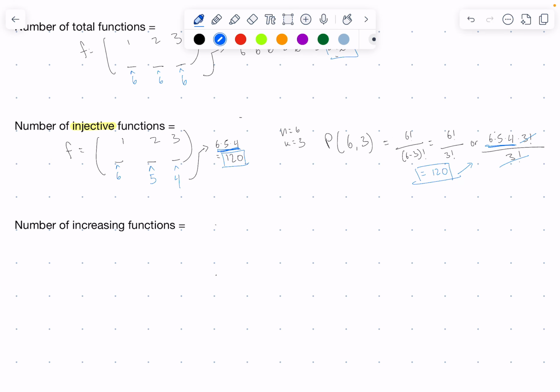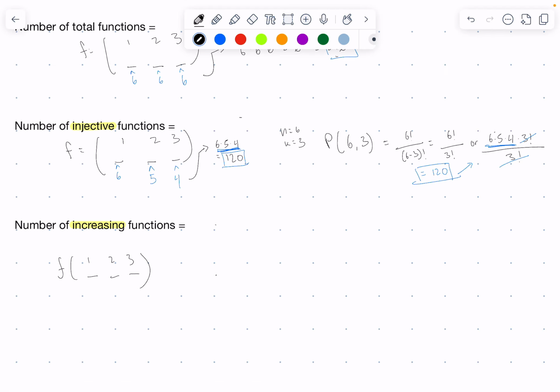Awesome. And then our last question is the number of increasing functions. Keyword here is increasing. Let's think about this again in terms of two-line notation, where f is 1, 2, 3. Because it's already written as an increasing function, we just have to worry that our output is also increasing and that no item is used more than once.